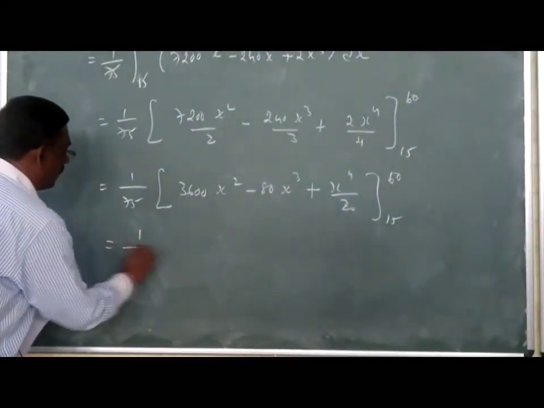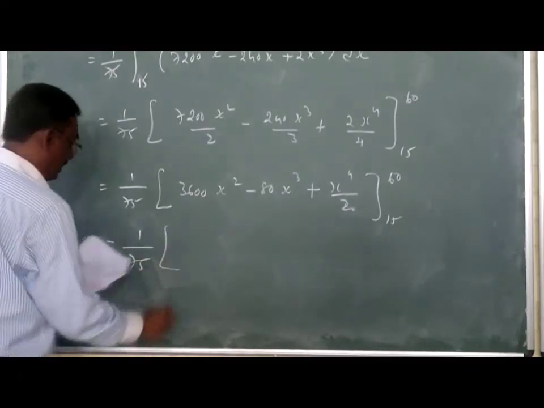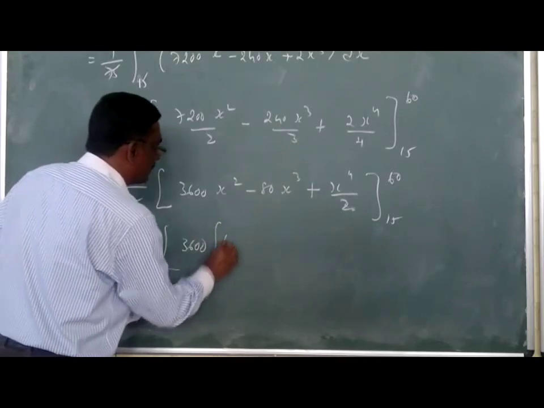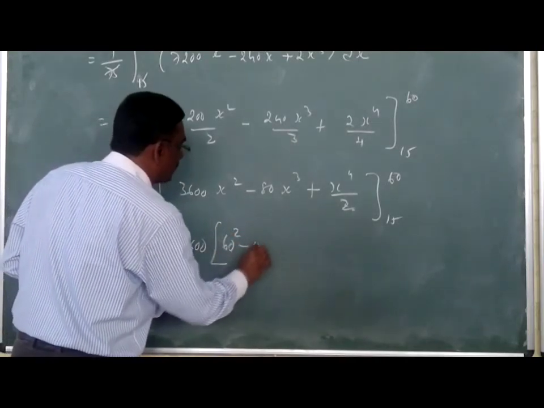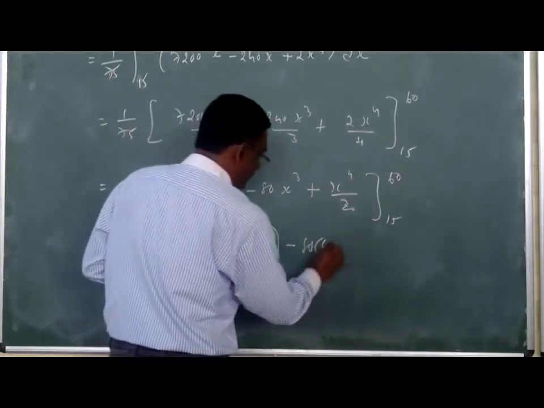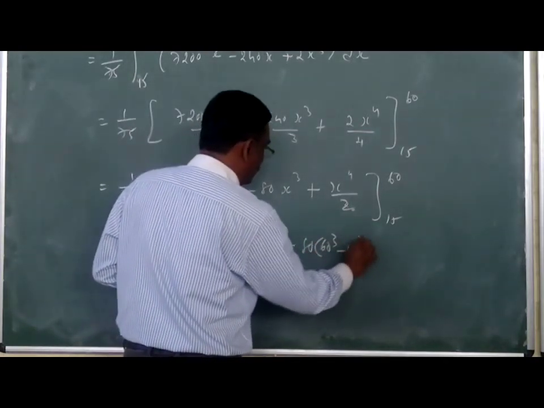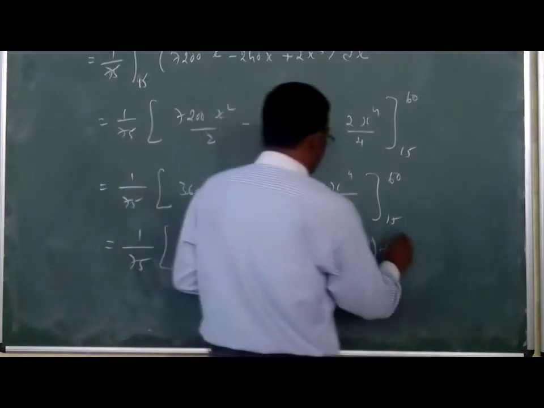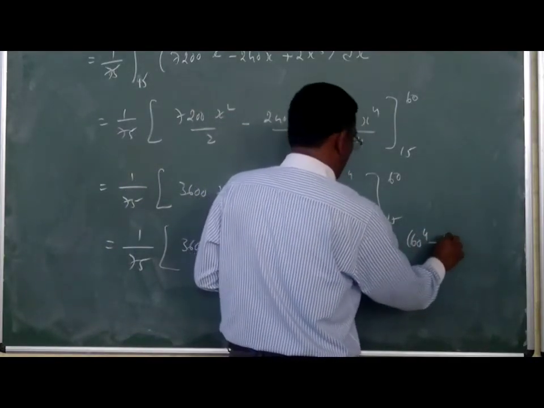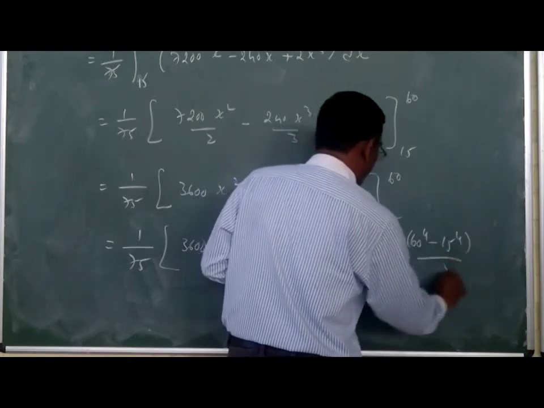Now, substituting the values of the limits, we will be getting 3600 into upper limit 60 square minus 15 square, minus 80 into 60 cube minus 15 cube, plus x to the power 4, for this, upper limit is 60 to the power 4 and 15 to the power 4, by 2.